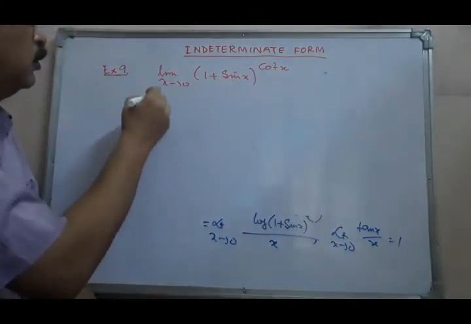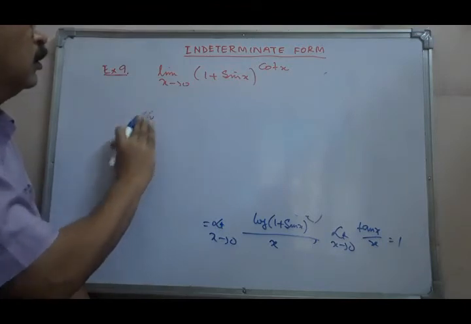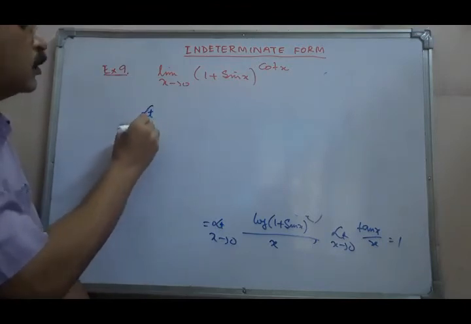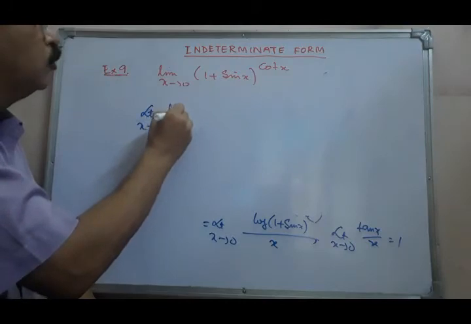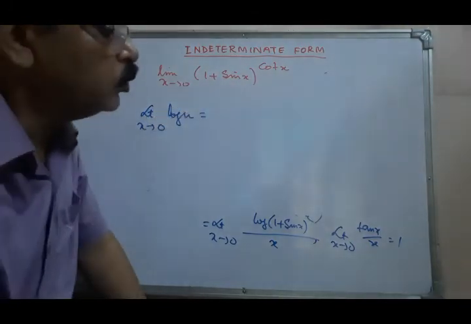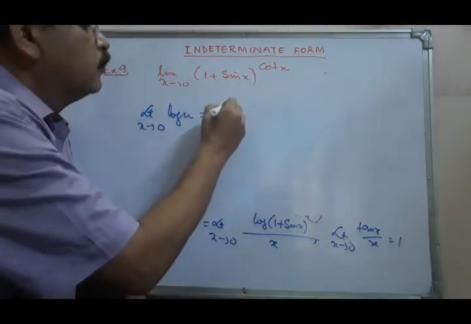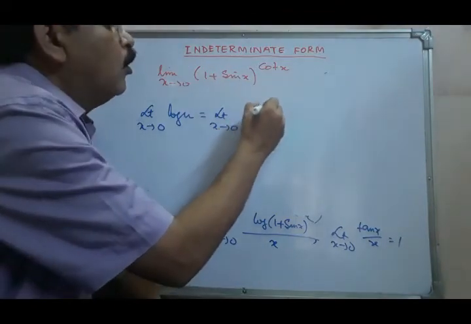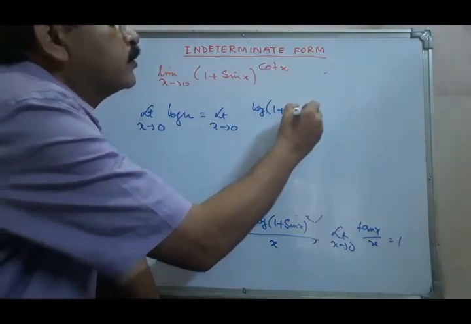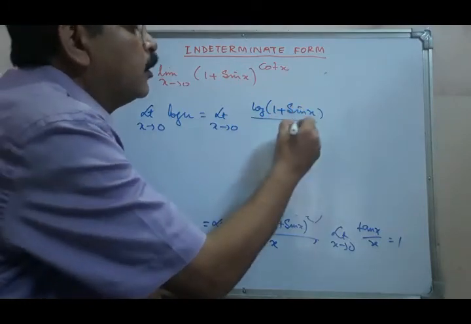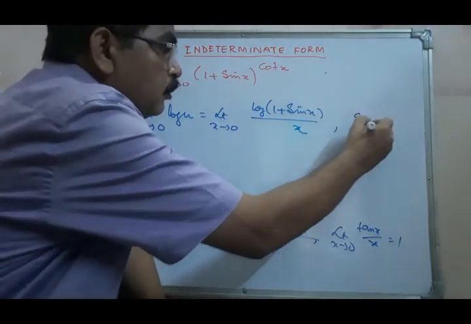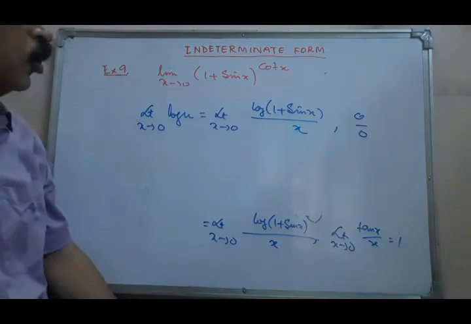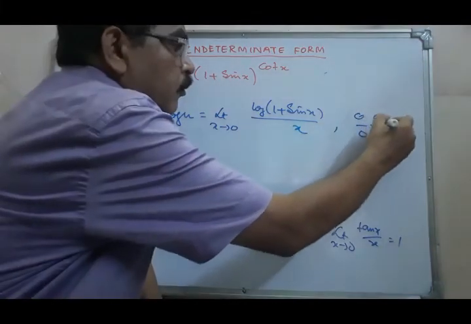So therefore limit x tending to 0 log u equal to limit x tending to 0 log of 1 plus sin x divided by x. It is indeterminate form, so 0 by 0 form.